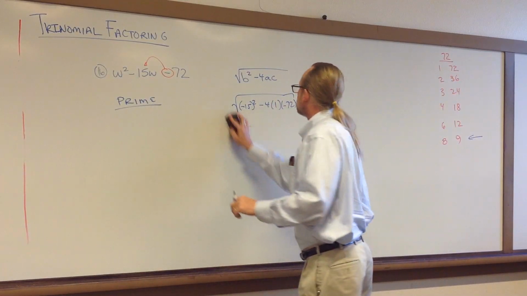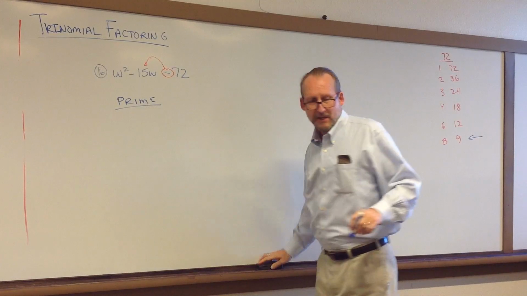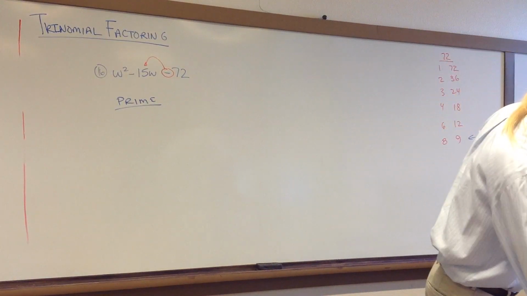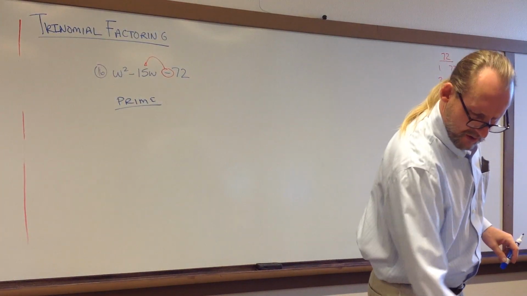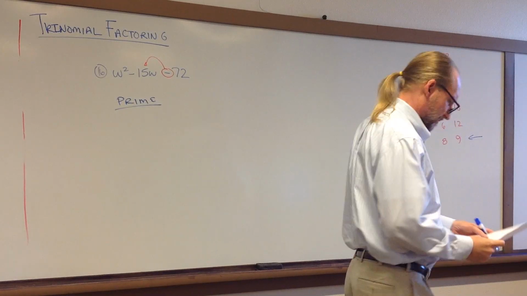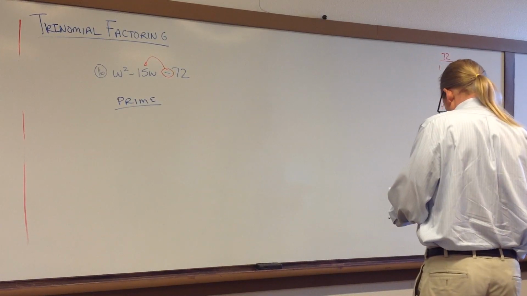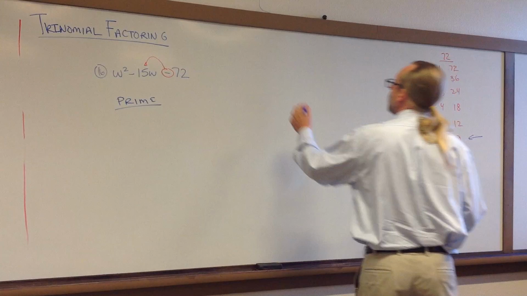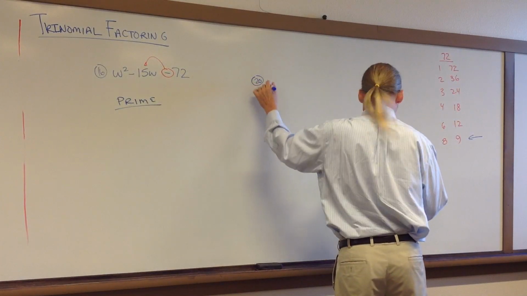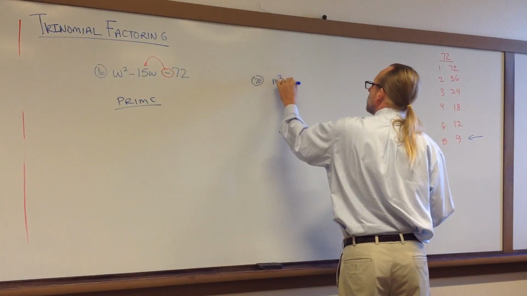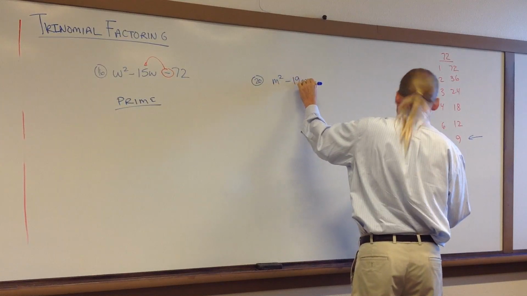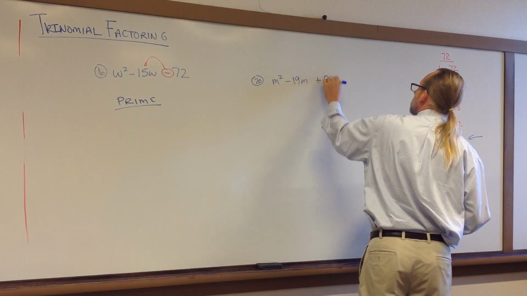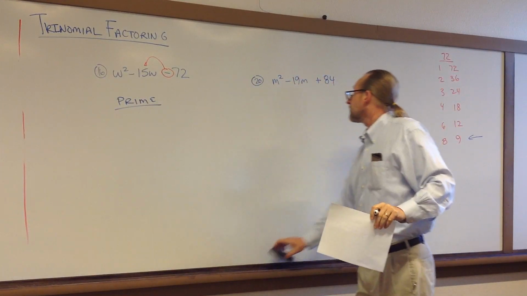All right, let's look at a couple more here. What else do we have? Let's see, problem 20. M squared minus 19m plus 84. Okay.